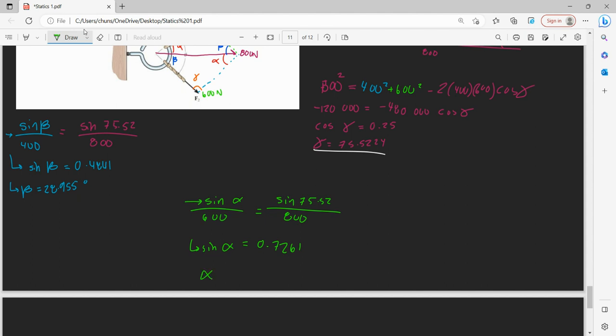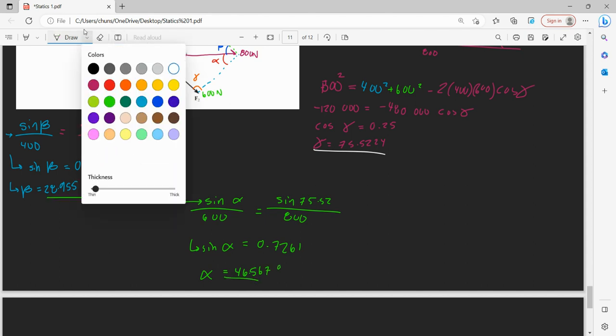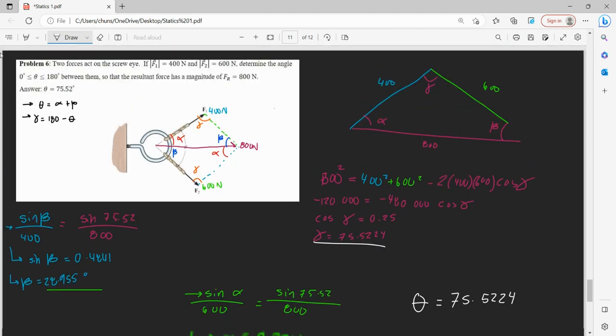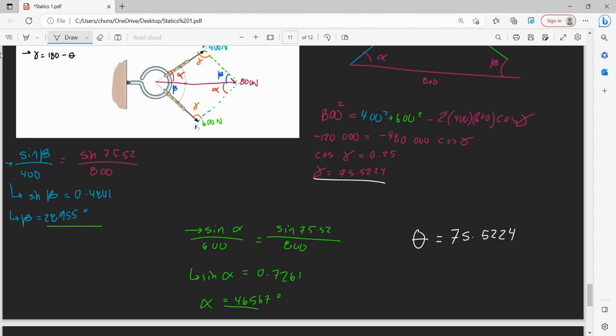And that gives alpha equal to 46.567 degrees. And we know that theta is the sum of those. So that means theta is equal to 75.5224. Right, and that is right.